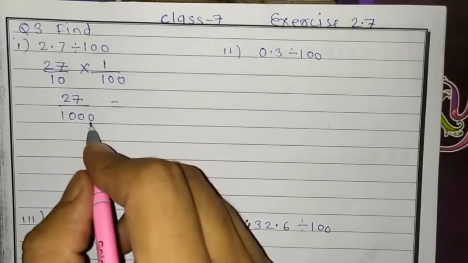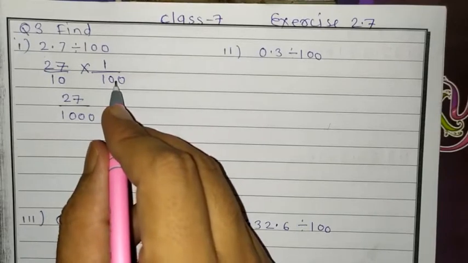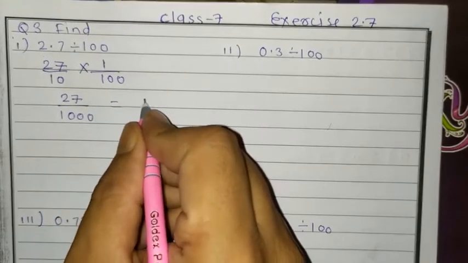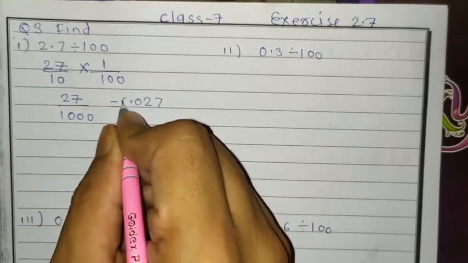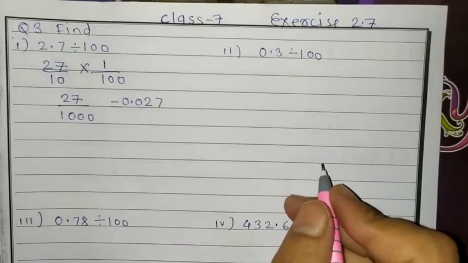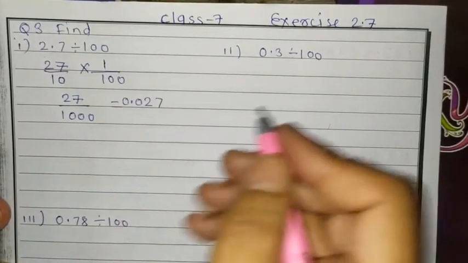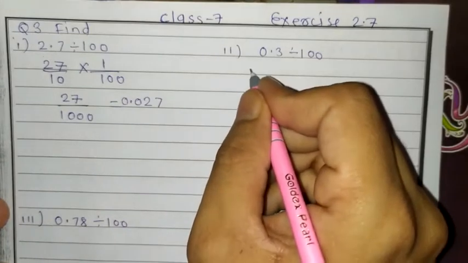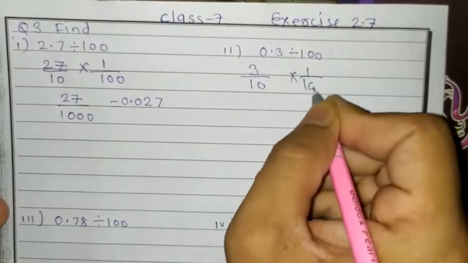After the point how many numbers will be there? 3 numbers. So it is 27, put 1 zero, point. So here it is 0.027.